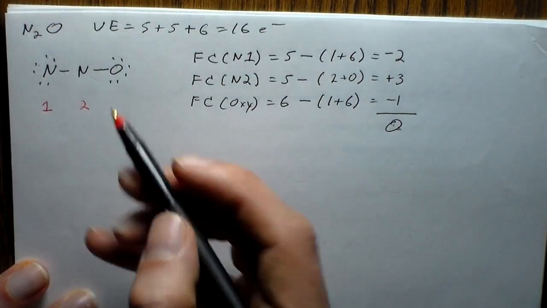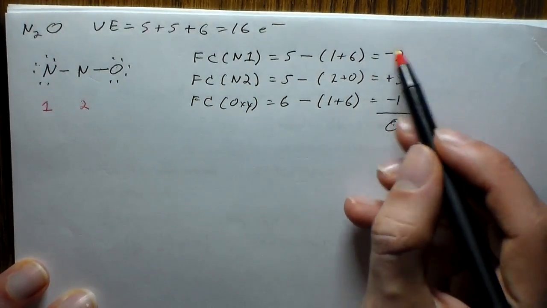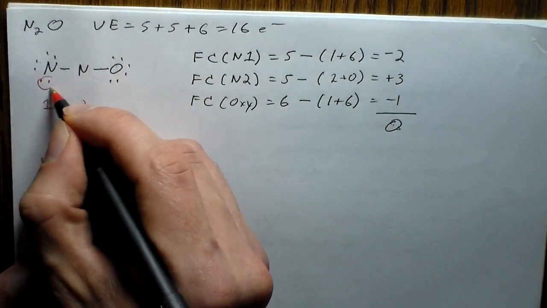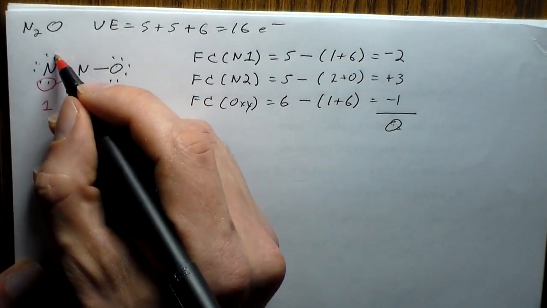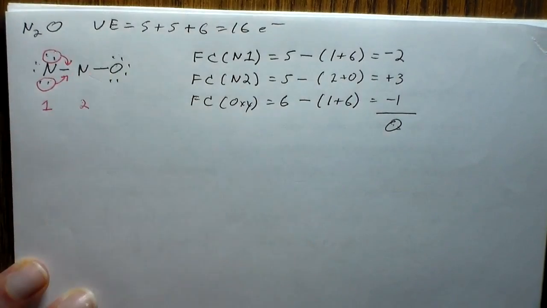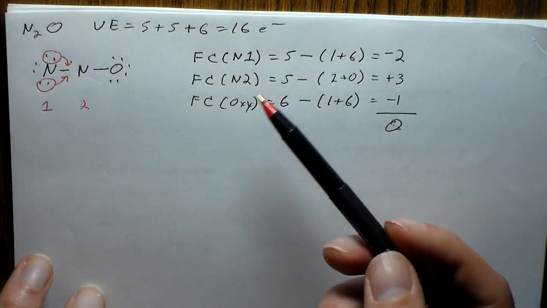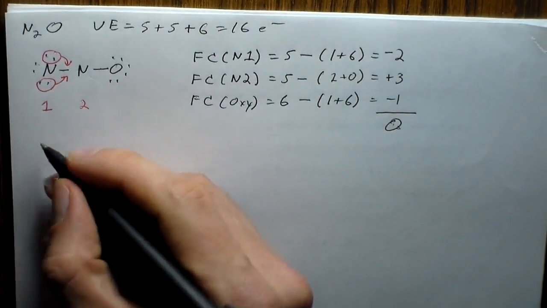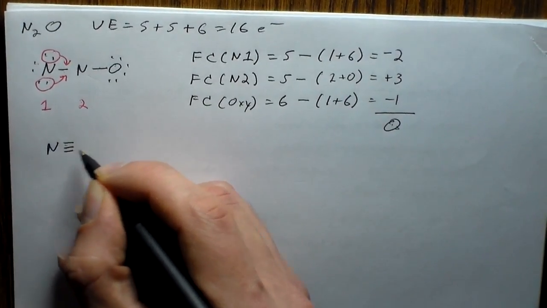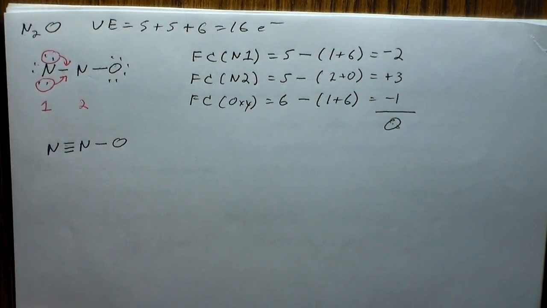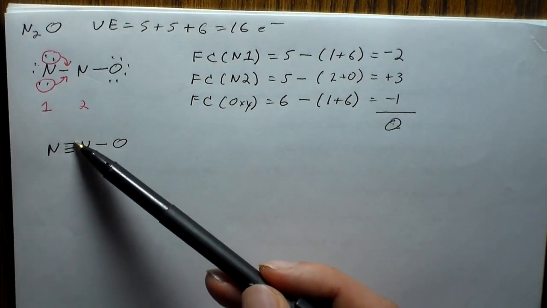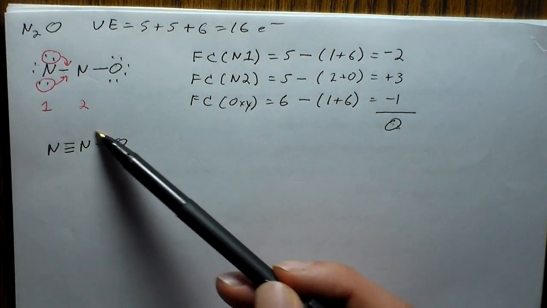So what we're going to do here is basically, since this is the most negative one here, I'm going to move this one over here and that one over there and try to get this closer to 0 that way. So we're going to get here the nitrogen triple bonded to this nitrogen, single bonded to that oxygen. Now notice here this nitrogen has 1, 2, 3, 4, 5, 6, 7, 8, so that already has a complete octet.